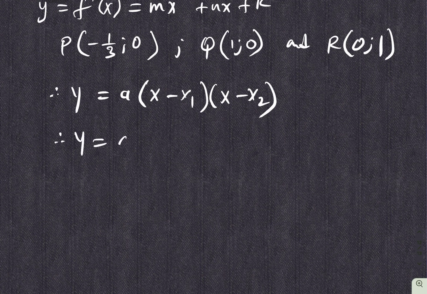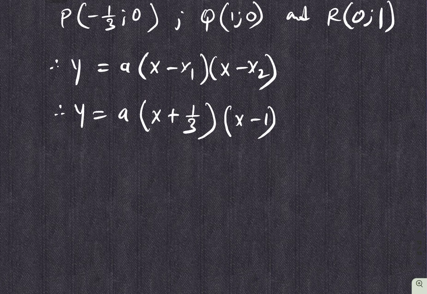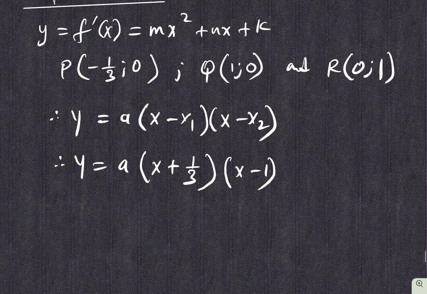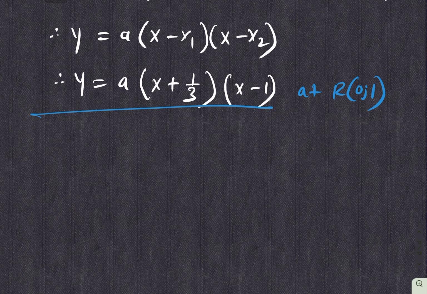Therefore, y equals a into x minus minus 1/3, which becomes plus 1/3, into x minus 1. So how do you get the value of a? You use one point that passes through f, that is R. So at R, which is 0 and 1, I'm going to plug R in here.